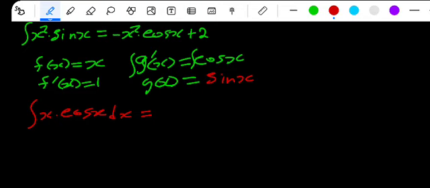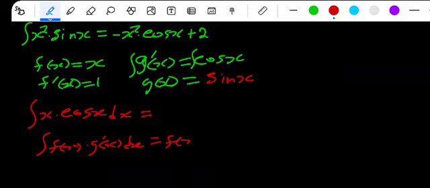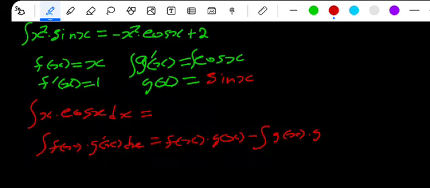We'll apply our formula. The formula says the integral of f of x multiplied by g prime of x dx must be equal to f of x multiplied by g of x minus the integral of g of x multiplied by f prime of x dx.